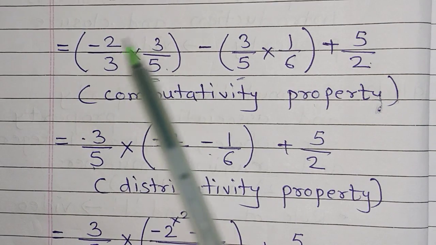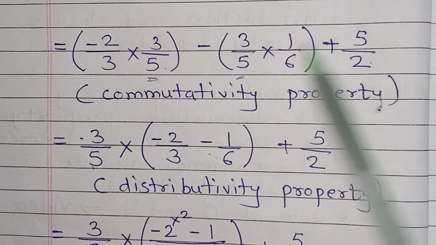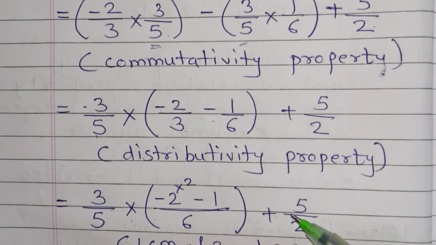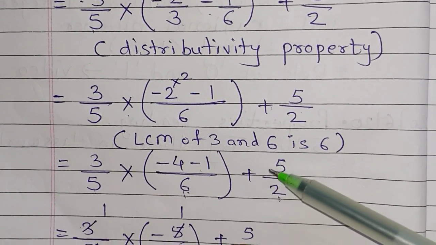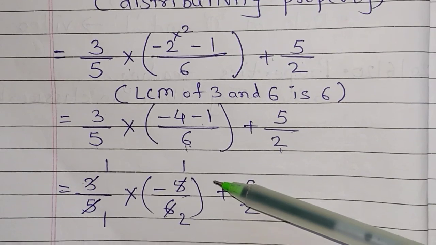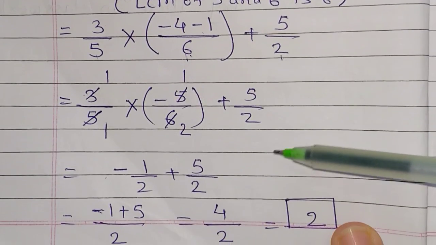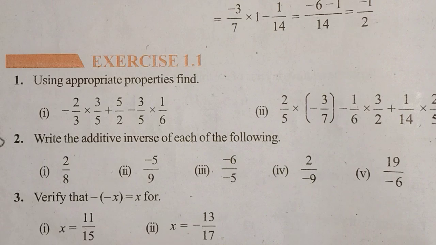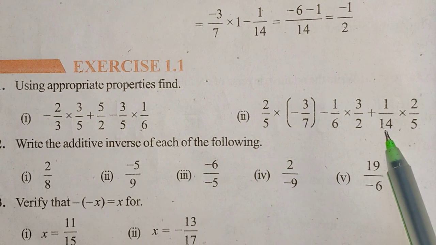And whatever remains in that bracket, I have written as it is with the middle sign. 5 upon 2, I am continuing to the last. After solving the bracket, I got the answer 2. So now try to find the answer of the other example.